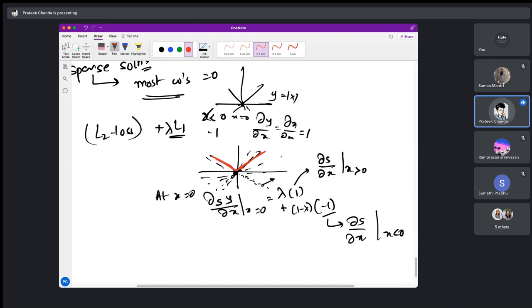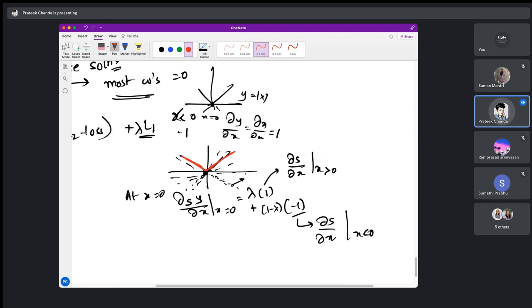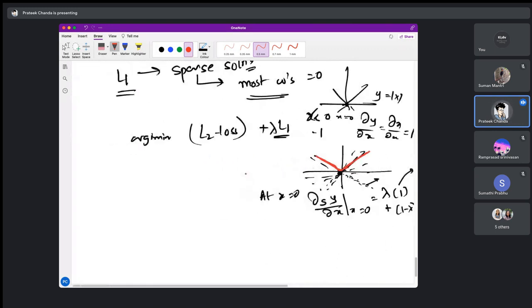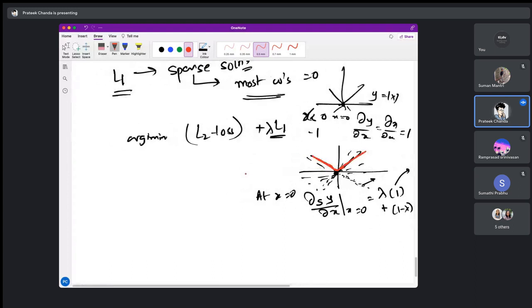So that's the concept of subdifferential, but we won't go into too much detail. That's one way to convert a non-differentiable function to a differentiable setting.